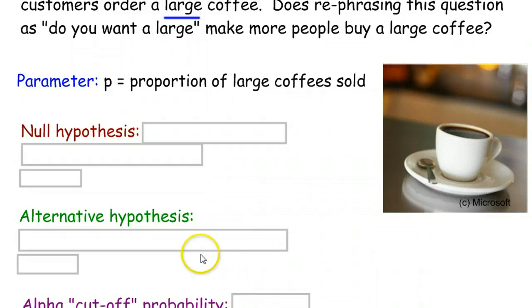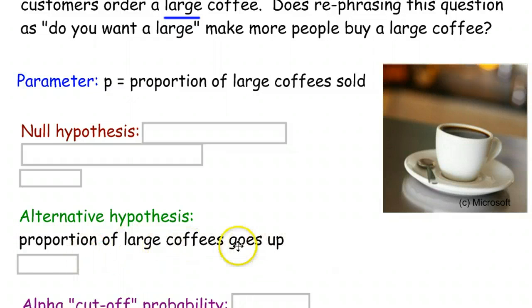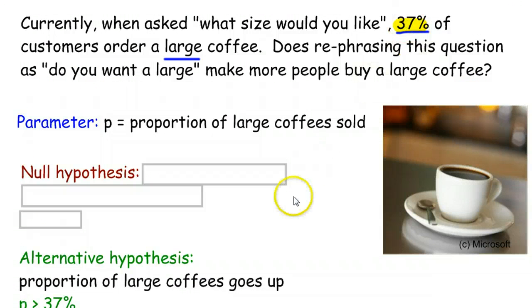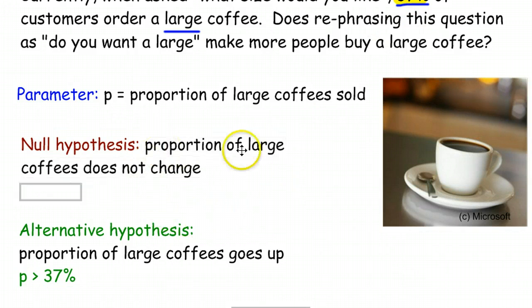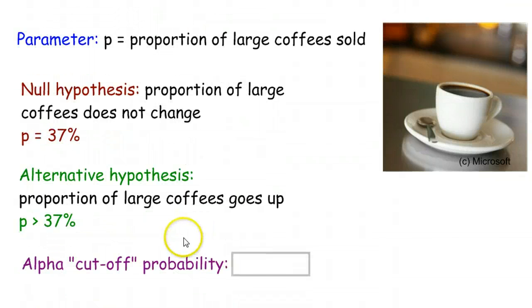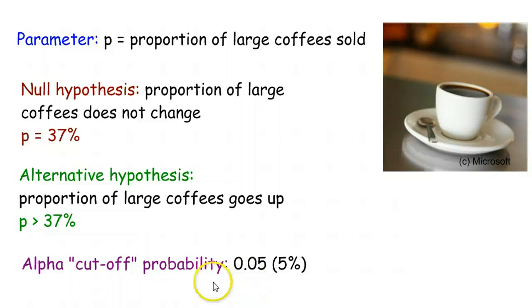We're assuming that we're going to sell more. So we're going to say that the proportion of large coffees goes up, or P is greater than that original value of 37%. The null, of course, is that measure of no difference. The proportion of large coffees doesn't change, and P is going to equal 37%. Standard threshold here of alpha is going to be 0.05 again.